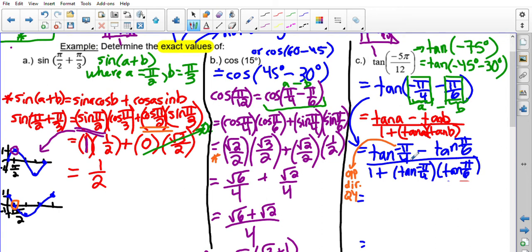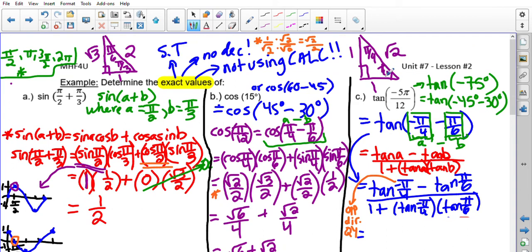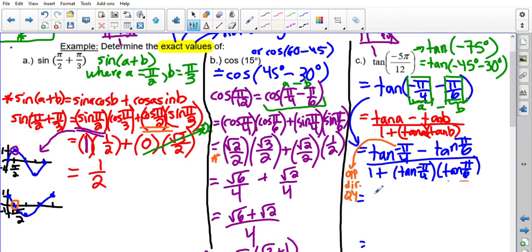So tan of negative pi over 4 has a related acute angle of positive pi over 4. So if I go to pi over 4 up here and I take tan of the related acute angle, that'd be opposite over adjacent, so 1 over 1, so 1. However, because it's tan of negative pi over 4, that means this angle lands in quadrant 4. And based on the CAST rule, tan of any angle in quadrant 4 is negative.